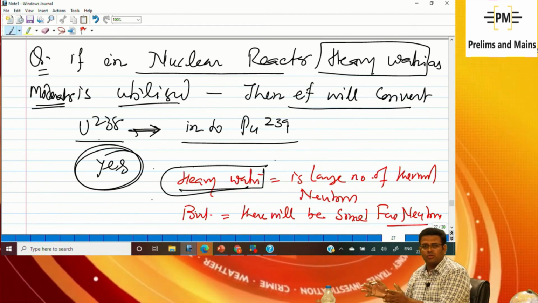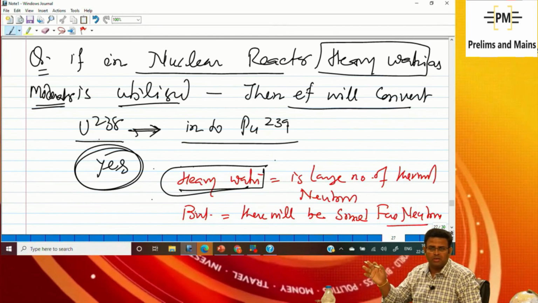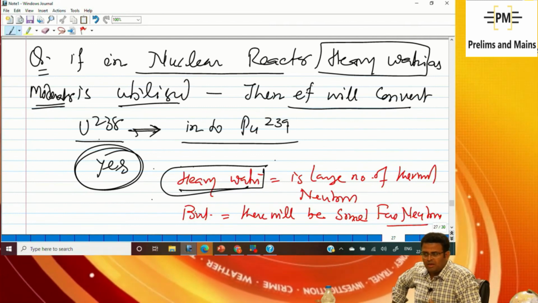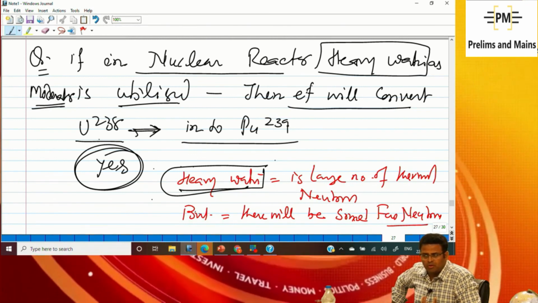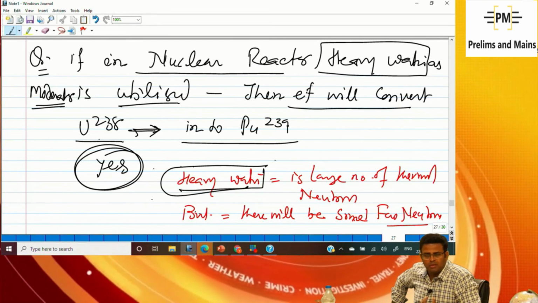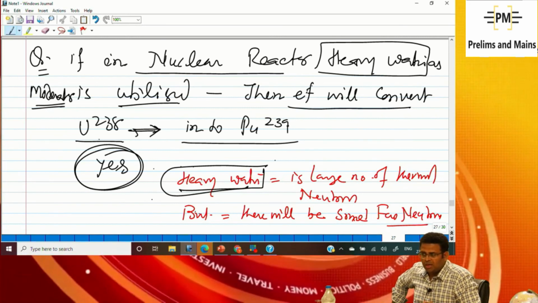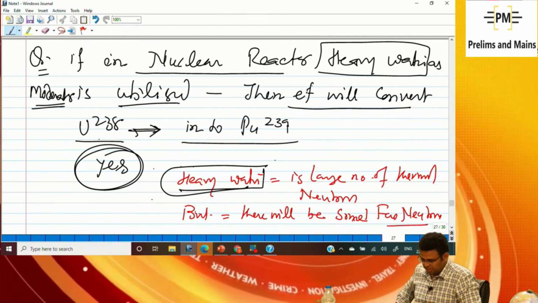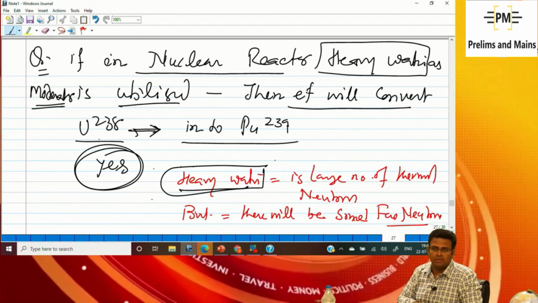Those fast moving neutrons will be taken up by uranium 238, and uranium 238 will convert into plutonium 239. So even if I am using heavy water, some neutrons which are moving fast will convert some uranium 238 into nuclear fuel, plutonium 239. This can be from waste, but it is converting into nuclear fuel, though in a small amount, not a large amount.